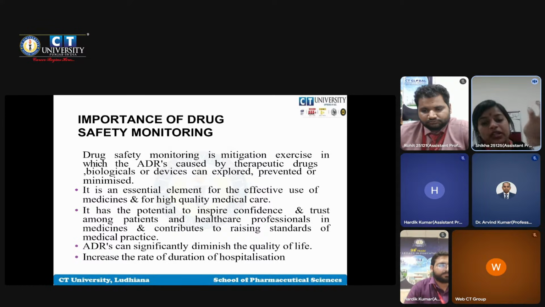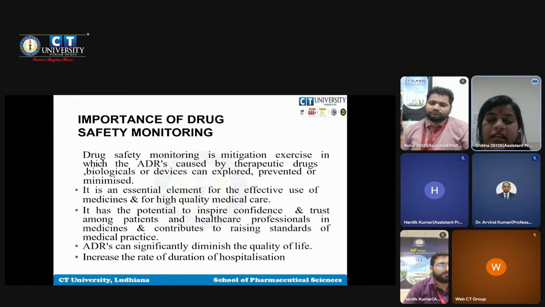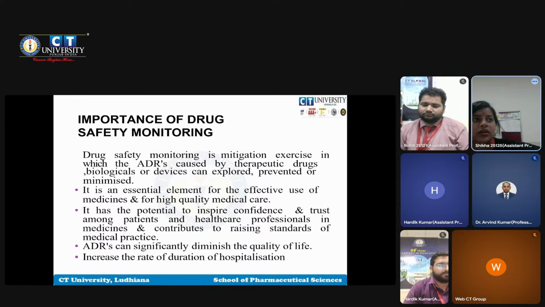If you ignore the ADRs, it can significantly diminish the quality of your life. They also increase the duration of hospitalization, meaning if an ADR occurs due to any kind of medication, the duration of stay in the hospital will be increased.